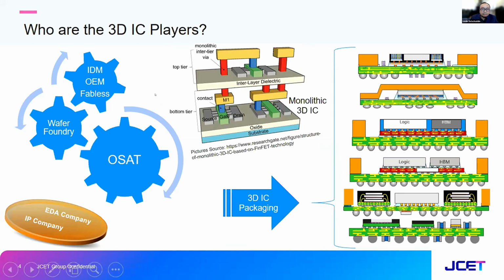Our customers, either fabless, IDM or OEM, have all the choices. They have options where they want to go in the packaging level, or they want to go to the monolithic 3D structure, or they might work together with the wafer foundry. Of course, the design company, in this case the EDA platform provider, the EDA company, and the IP company, get involved also.